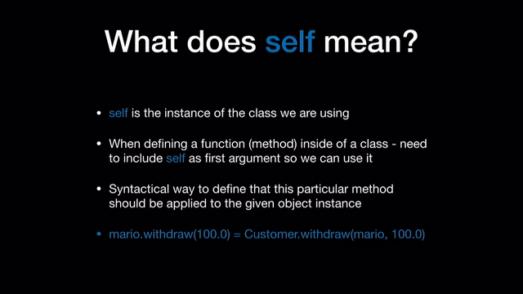I can either do mario.withdraw, which calls the withdraw method inside of the instance of the class called mario. Or I can do Customer, which is the name of the class, dot withdraw, mario, comma, how much I want to withdraw. The reason these are equivalent is because when I did Customer.withdraw, I still provided the instance of the class that I want to withdraw from, versus in the first way, where I'm using the method of the instance of that class.